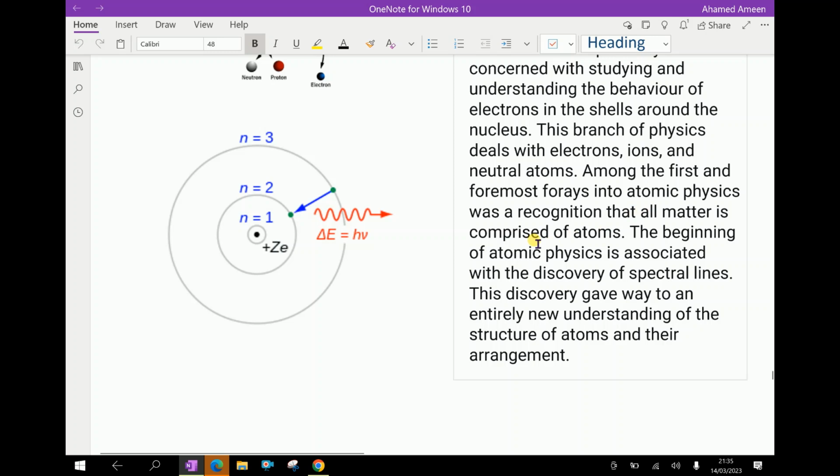Among the first and foremost forays into atomic physics was a recognition that all matter is comprised of atoms. The beginning of atomic physics is associated with the discovery of spectral lines. This discovery gave way to an entirely new understanding of the structure of atoms and their arrangements.